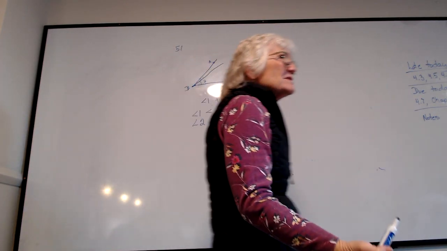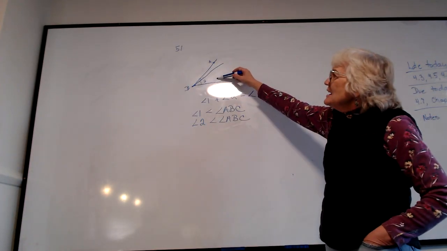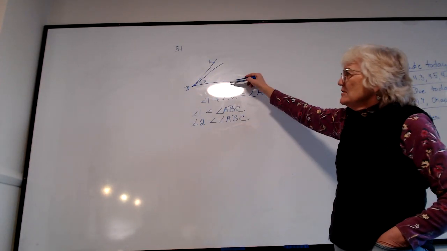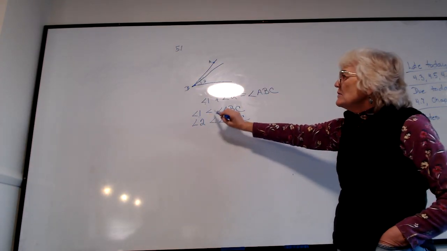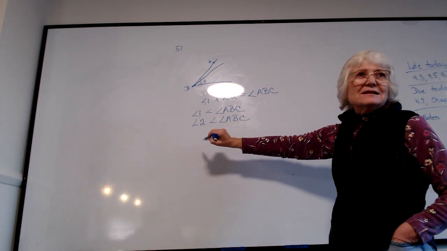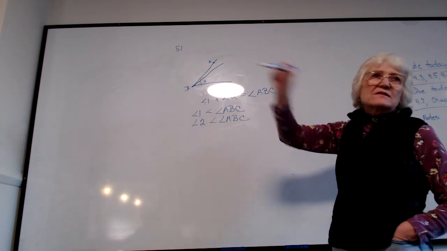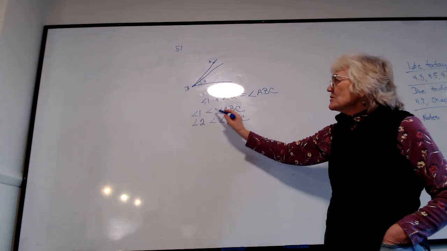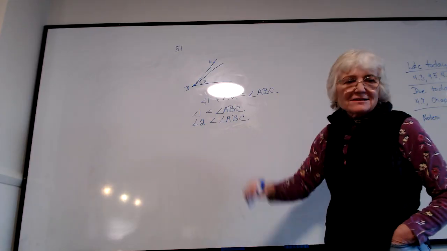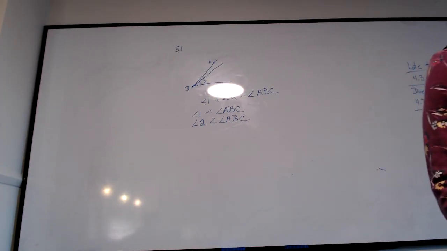That's all we can say there. But we do know that if these two are added together and they make this angle, then the parts, angle 1 and angle 2, have to be less than that. It's very confusing when you're talking about angles, because I have all sorts of signs that look all the same.